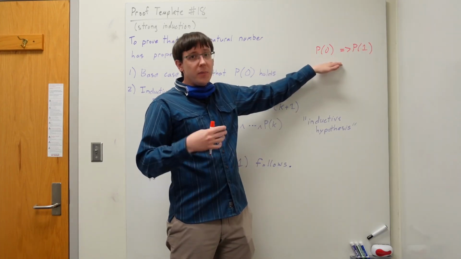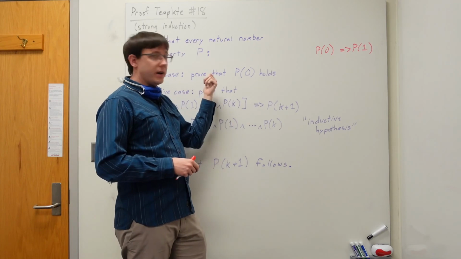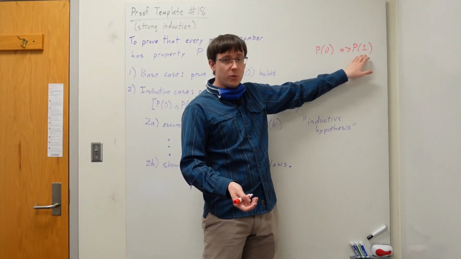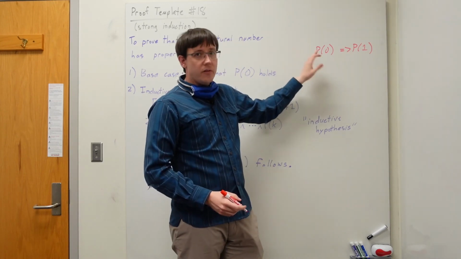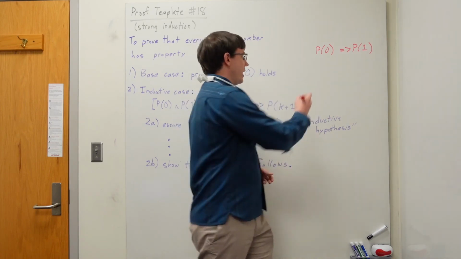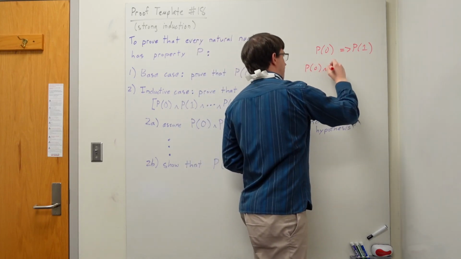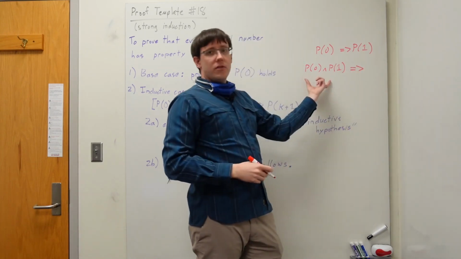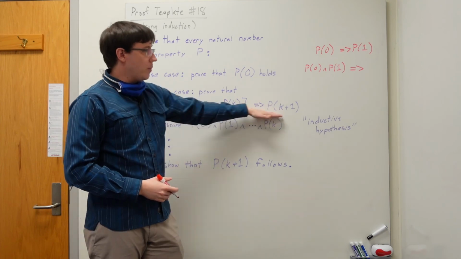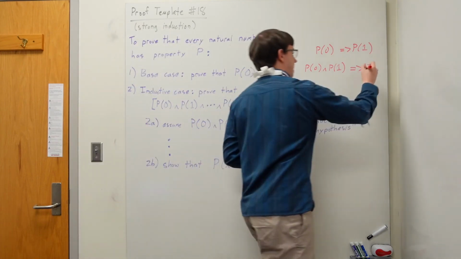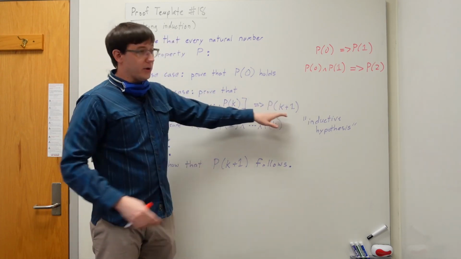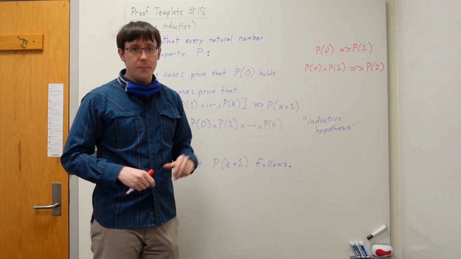So this implication means that if we have proven our base case, then we have also proven that the property holds for 1. So that means that we have that the property holds for both 0 and 1, which means that we have the necessary ingredients to conclude that the property holds for 2, which then gives us the prerequisite to show that the property holds for 3, and so on.